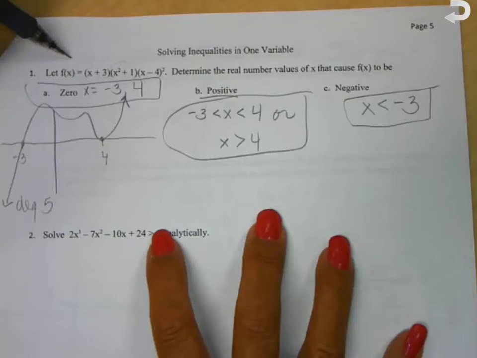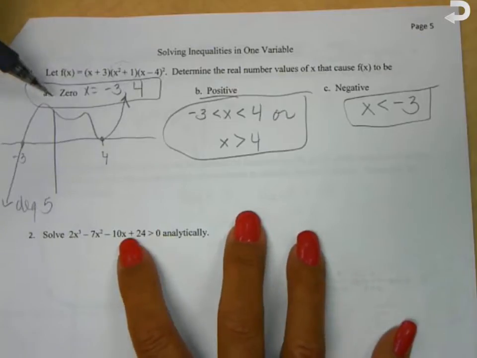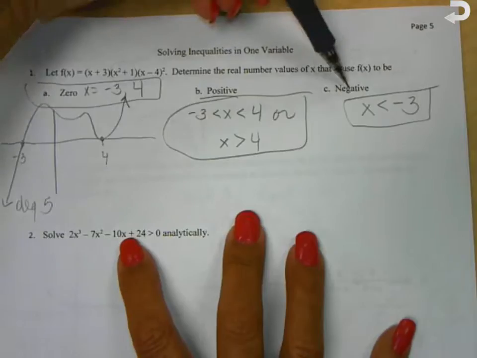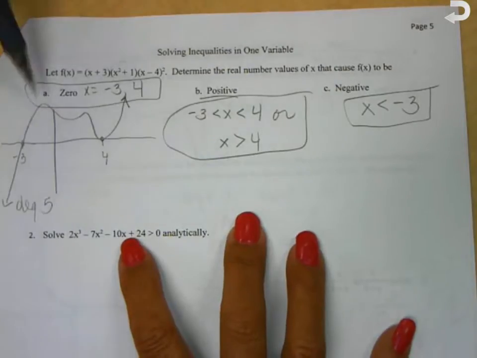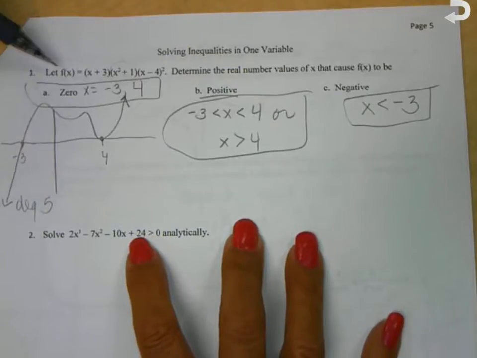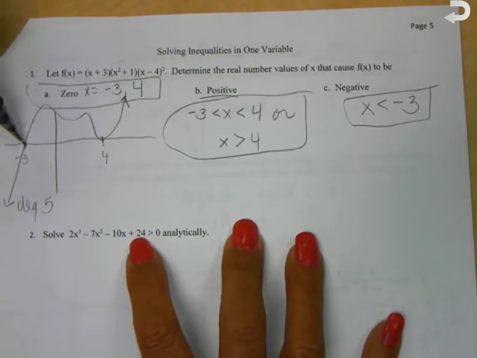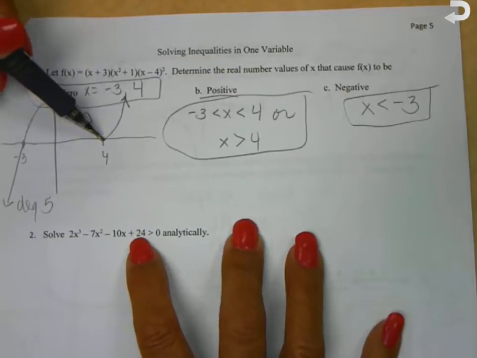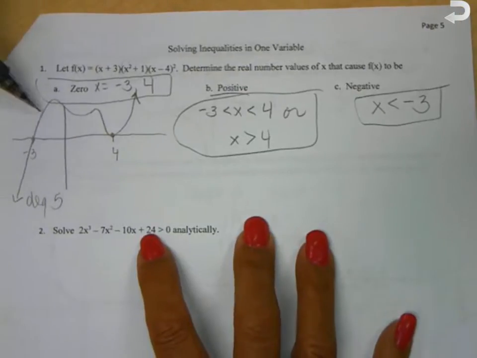So when we look at a function in factored form and we want to identify where the graph has zeros, where it is positive, where it is negative, this technique of graphing and then identifying those spots is a very important process to be able to use. If this graph had been a velocity graph, these points at 0 would be where my object was at rest.